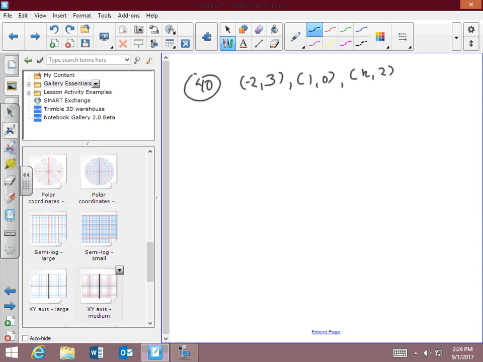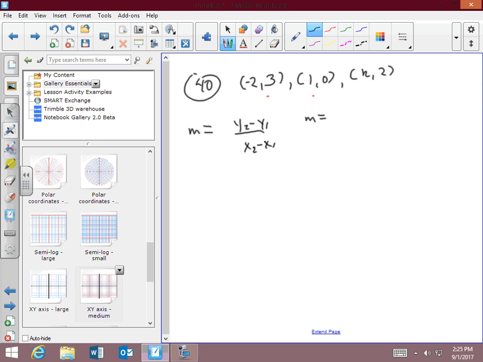If they're collinear, then between any two of the points the slope is the same, right? So if I take these two points and find the slope, that's y2 minus y1 over x2 minus x1.